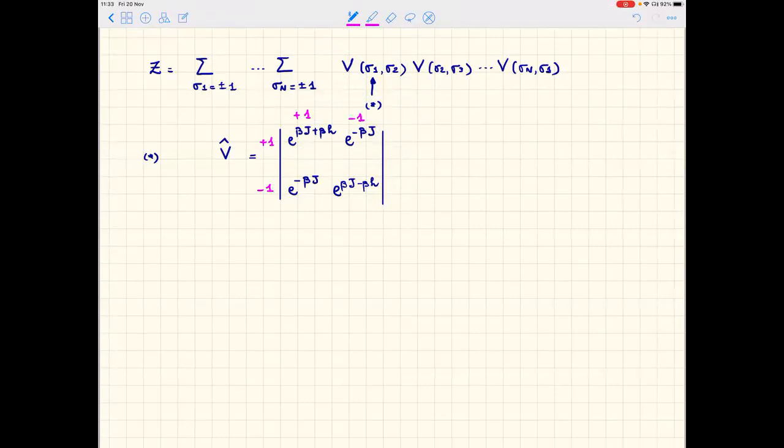You see? Each V can be seen as the components of a 2 by 2 matrix. You agree?